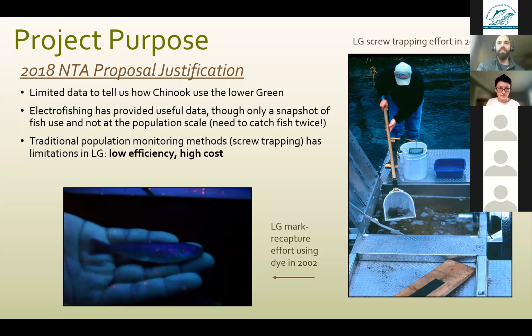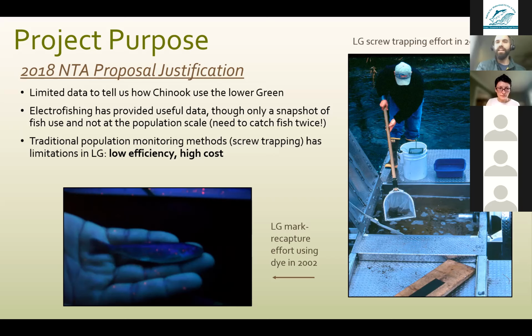We've had really limited data to tell us how Chinook use this area, and there's been numerous fish surveys, both by us as well as some of my predecessors and other groups, that have provided useful data, but they tend to just be a snapshot of fish use and don't really give us much that's useful at the population scale.